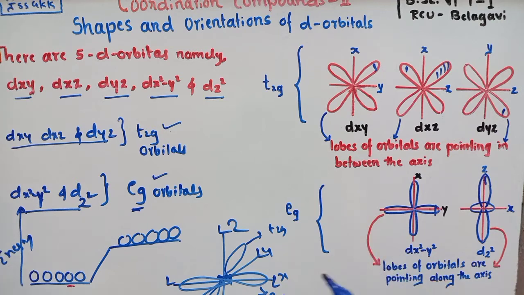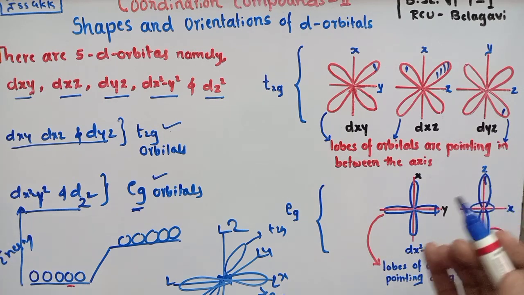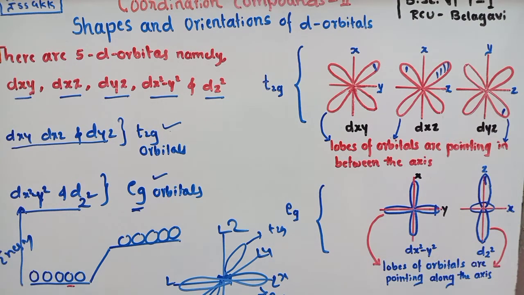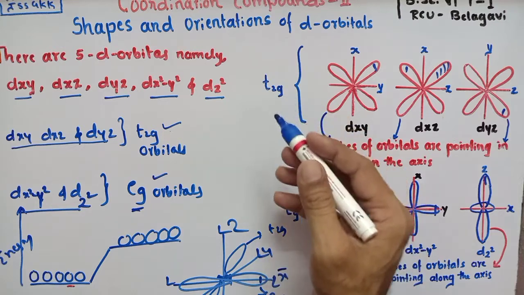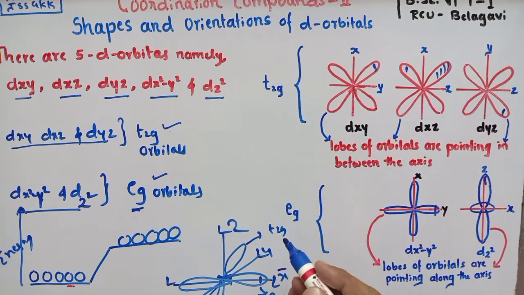Since the ligand is coming along the X, Y, Z directions, the eg orbital lobes will experience more repulsion because of the direct repulsion between the ligand field and the electrons of the central metal ion. Therefore, the eg orbital energy increases when compared to the t2g orbitals.